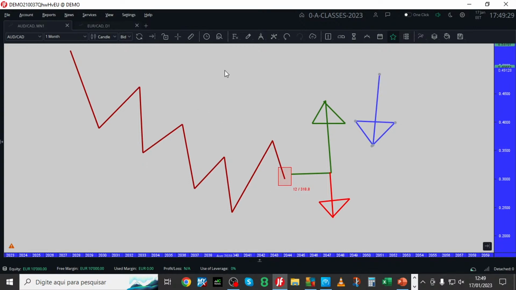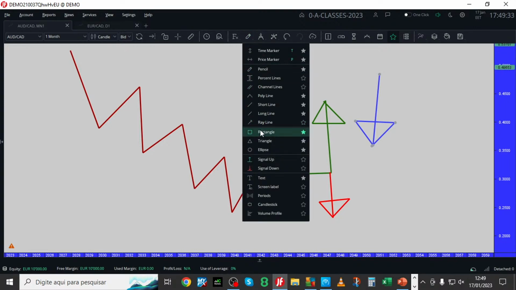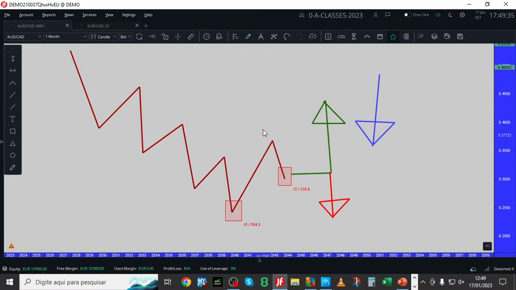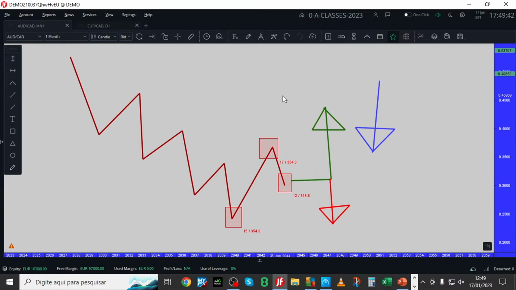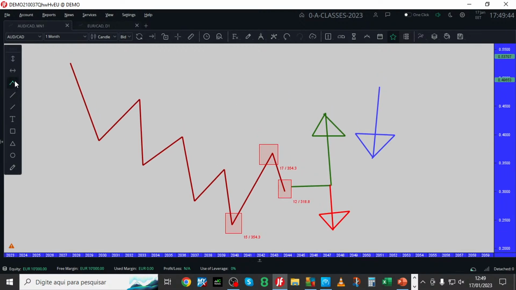Very good, everybody. Congratulations to you. So there is no right or wrong, but if you buy, what are you buying? If the rules are saying that in order to have a confirmed uptrend, we need a minimum of 2 highs and 2 lows, where the second high is a higher high and the second low is a higher low, right?